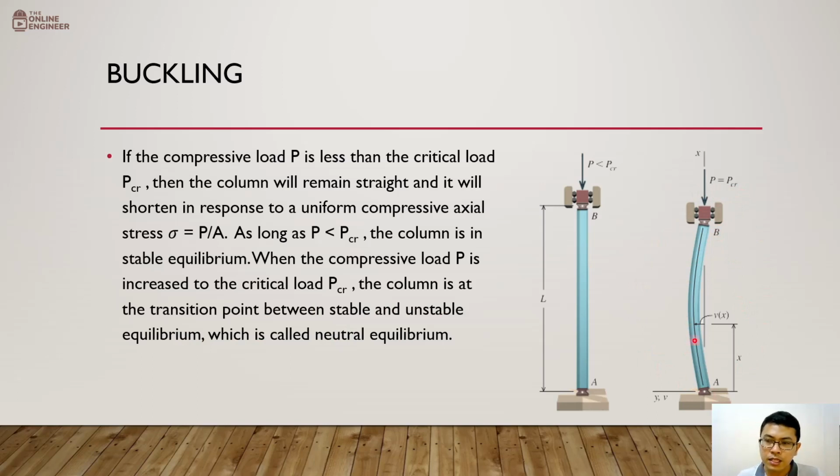It's bending onto its side, and just a slight increase of the force that we have here, and this column will be on the verge of collapse, and it will start to fail, and the entire structure will fail. All right? So this is the case of P equals PCR. It's just at the point when the structure is at the transition of being stable and unstable. Okay, so that's the condition that we have over there.